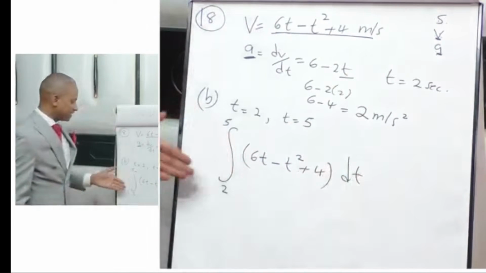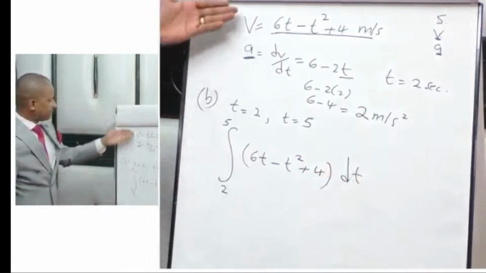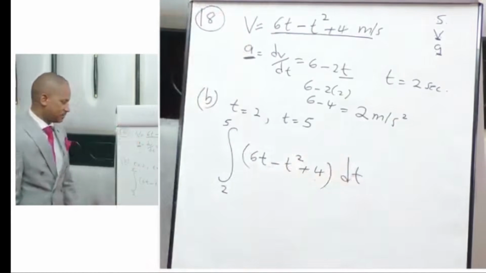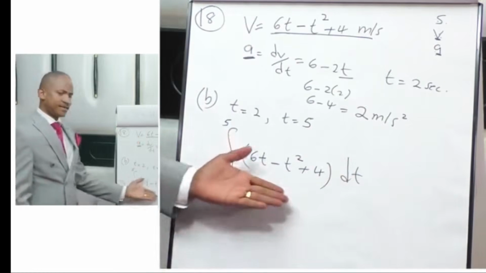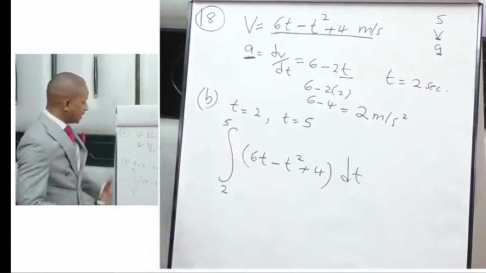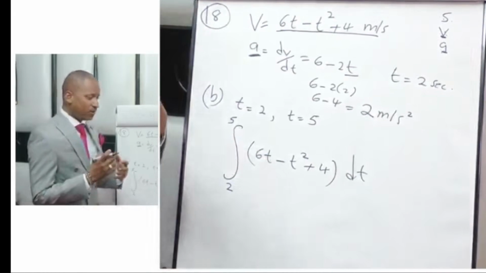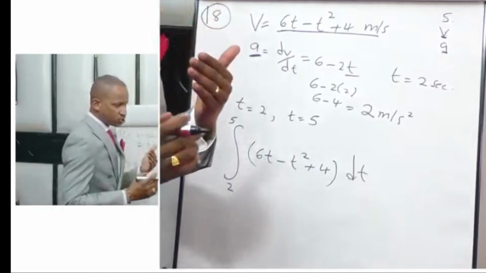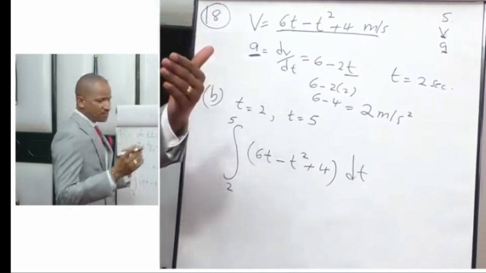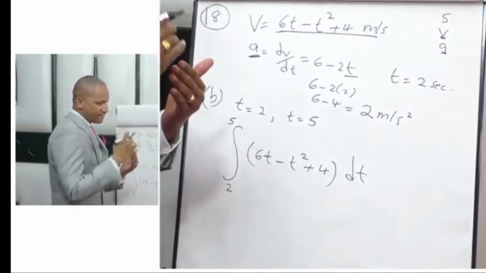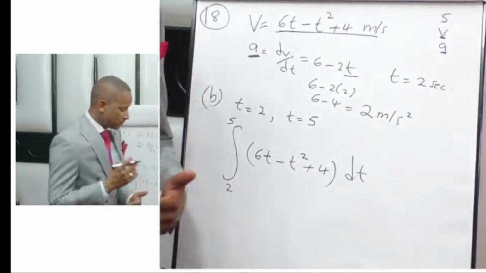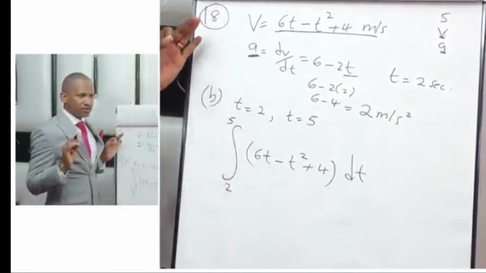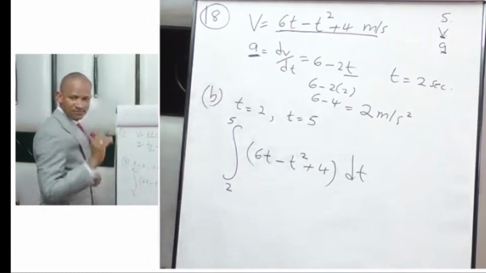So integrate v with respect to t dt. Now in integration, we are moving opposite to differentiation. In differentiation, you drop the power and multiply by the coefficient. But in integration, you add 1 to the power, then divide by that new power.